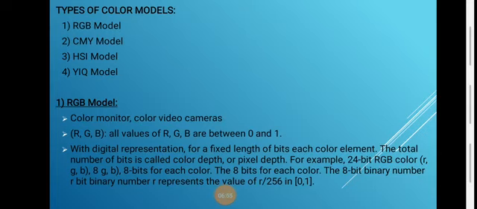In real time, it is called a 24-bit RGB image, because each color of a pixel is represented in 8 bits. The number of bits used to represent a particular pixel is called color depth or pixel depth.